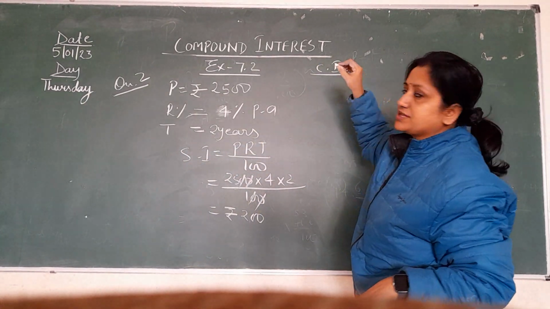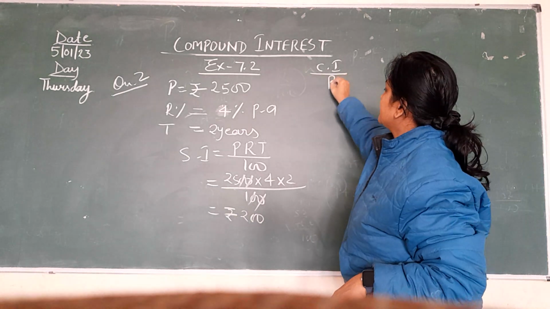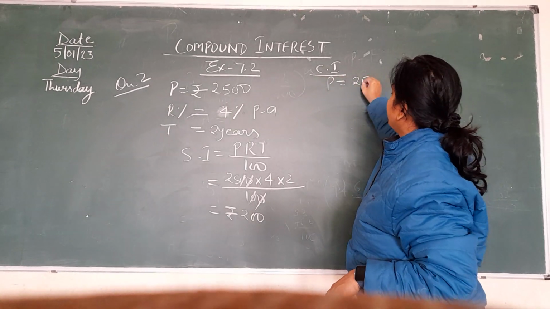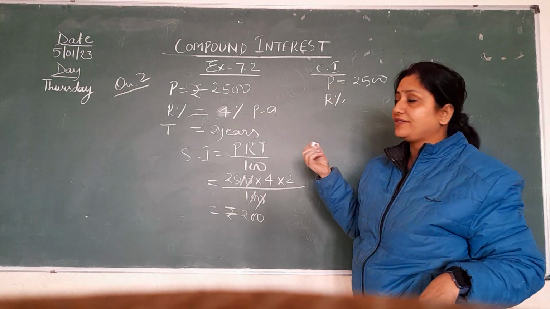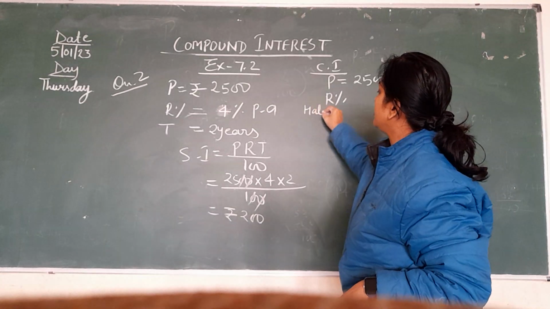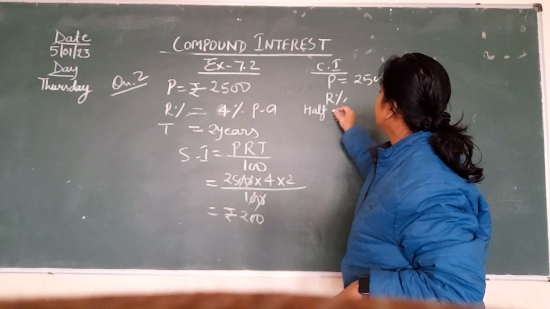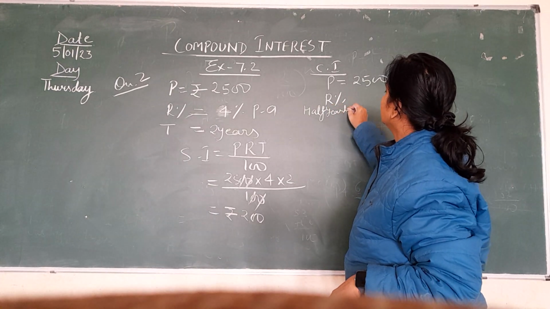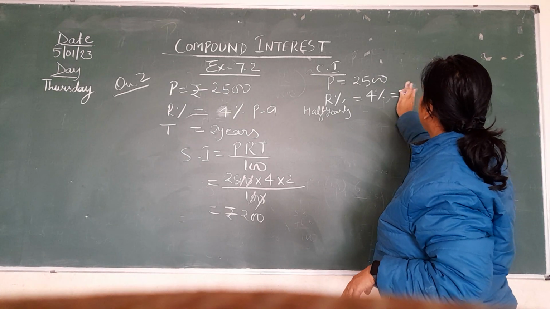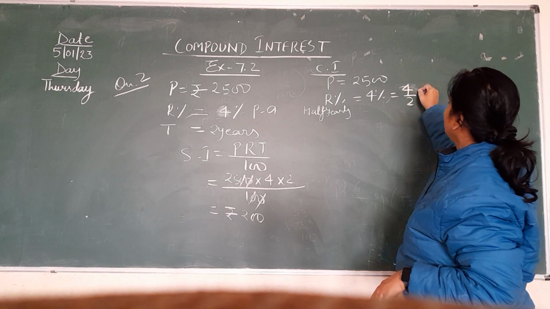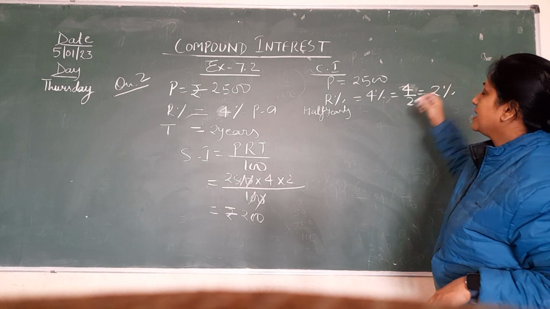Finding out CI, again principal remains the same, which is 2500. Rate of interest, because we will find half yearly, rate of interest will also be halved: 4% divided by 2, which is equal to 2%.